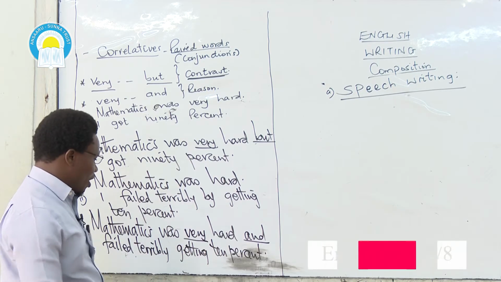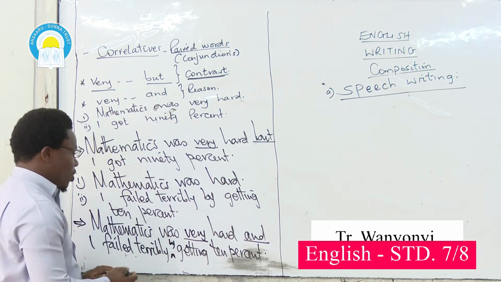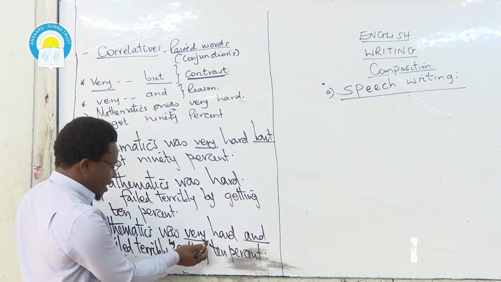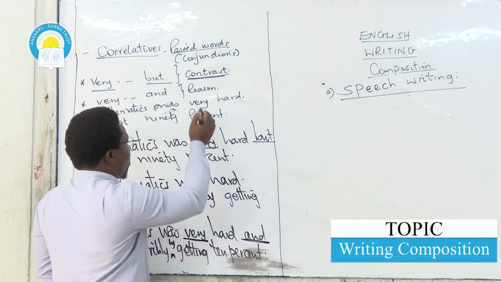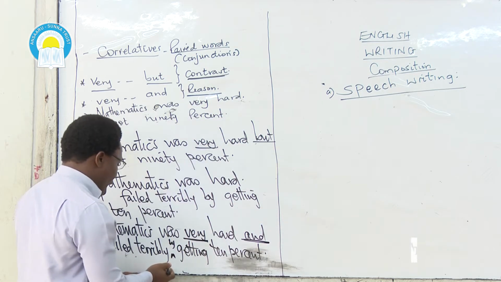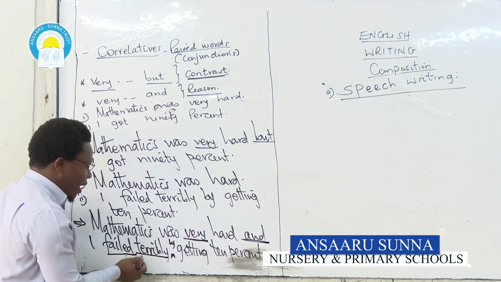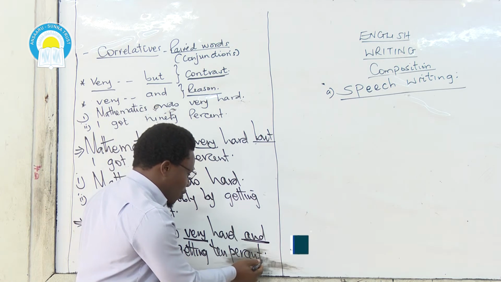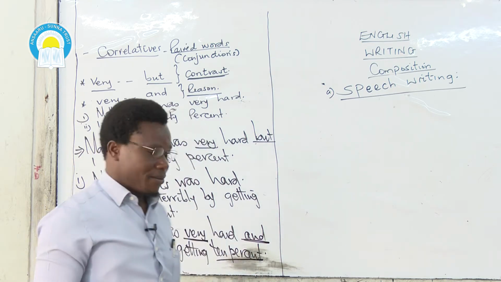So in these two sentences, you can add that preposition 'by'. You realize that in the second sentence we have used 'very and' to express the reason as to why this pupil failed terribly in mathematics, managing to get only 10%.